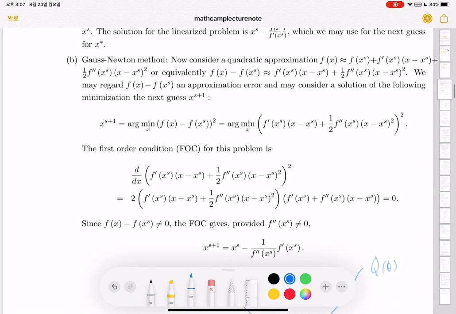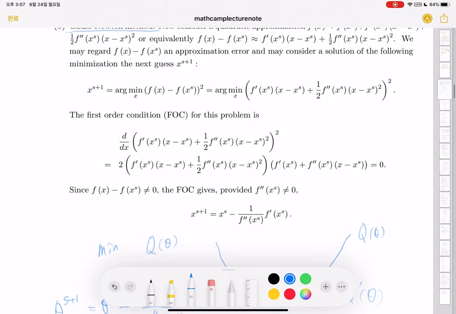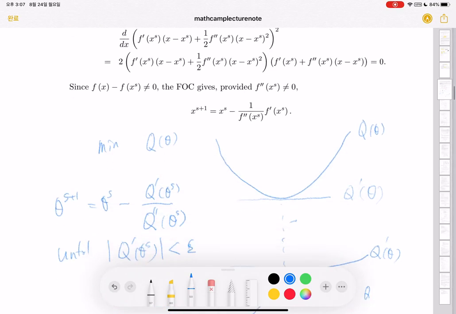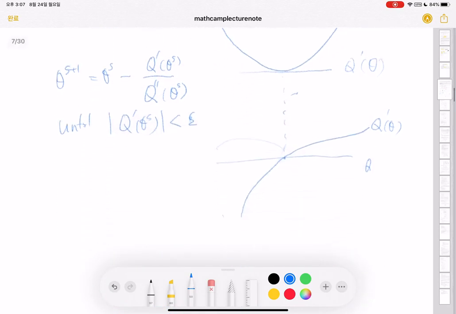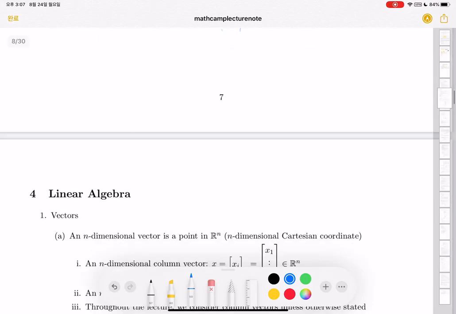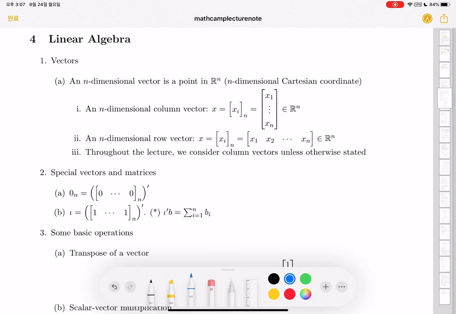This algorithm is called the Gauss-Newton method. Now let's take some break and I'm going to continue with linear algebra.